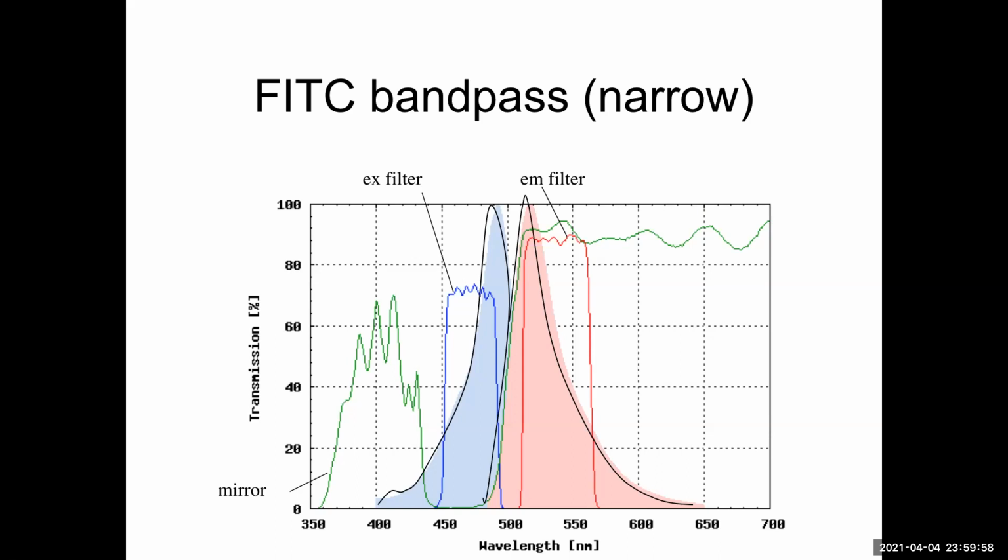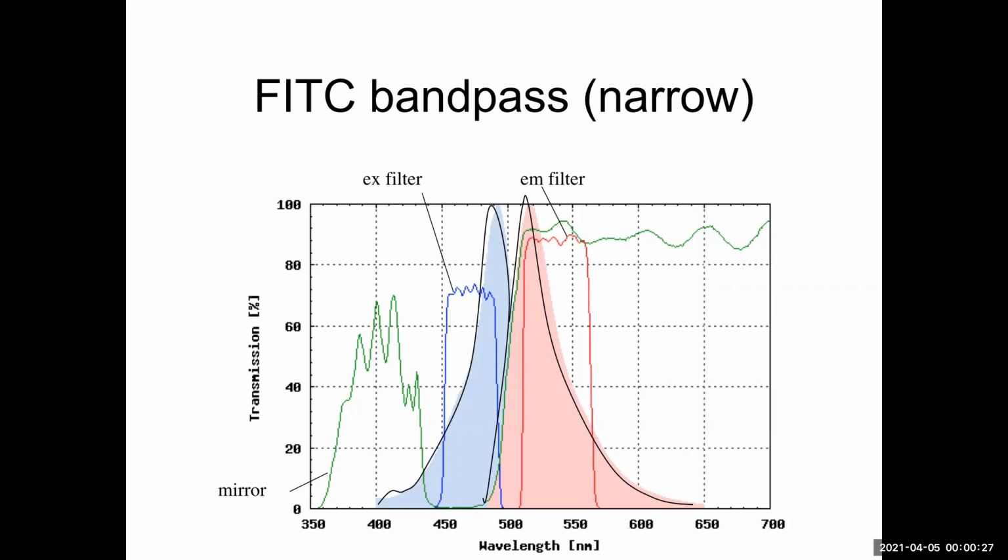So we're going to excite it with the light it prefers mostly. We can't go really past that because the emission spectra kind of overlaps. And then we're going to collect from, let's say, 510 to 560. We're not quite collecting the brightest color, but we're close to it.